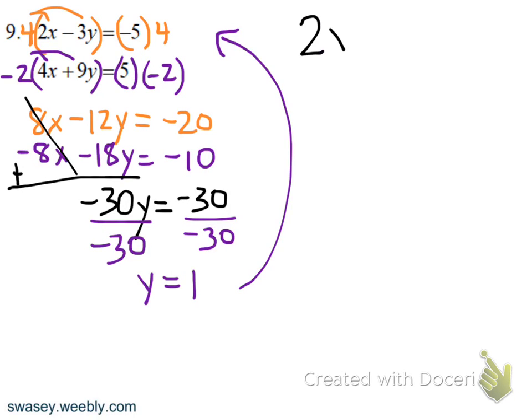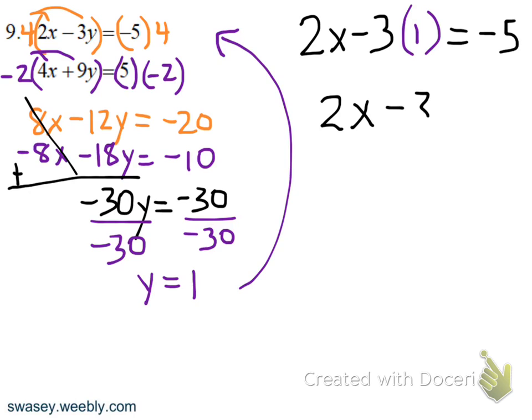So we have 2x minus 3, and then instead of y, we'll put 1, equals negative 5. Multiply. Negative 3 times 1 is negative 3. Two-step equation from here. To get rid of minus 3, we'll add 3 to each side.